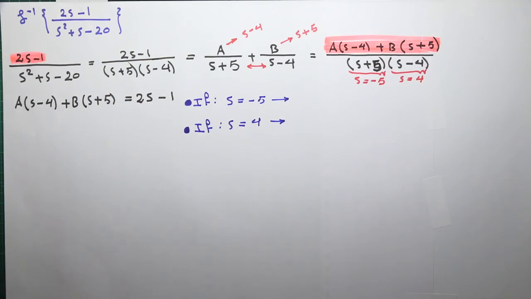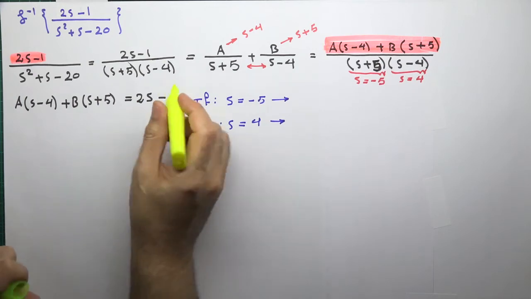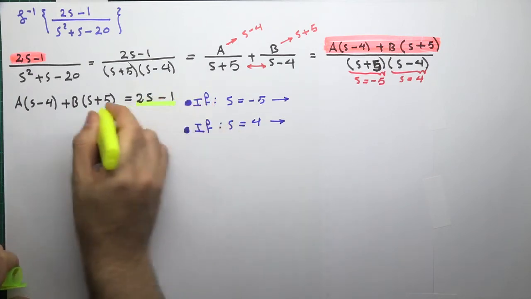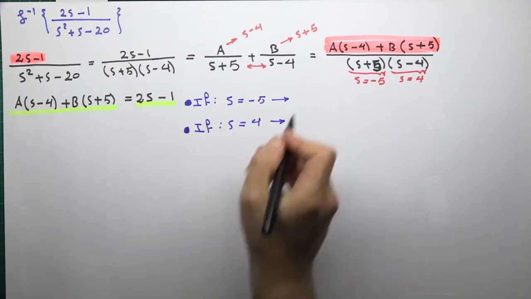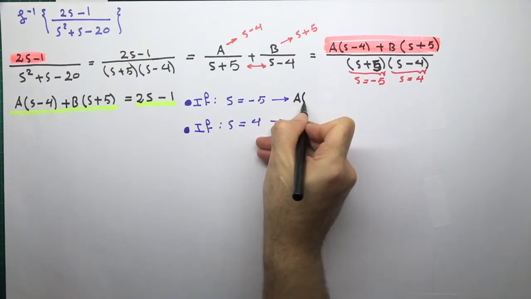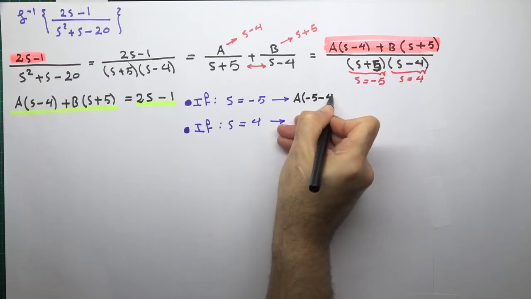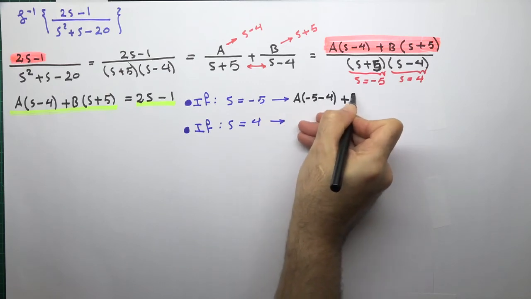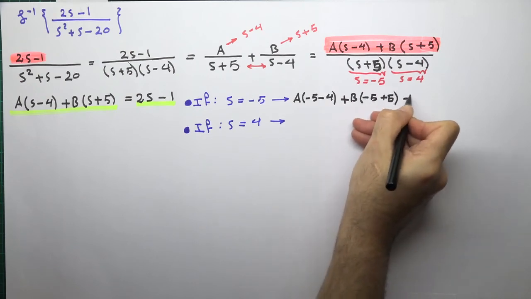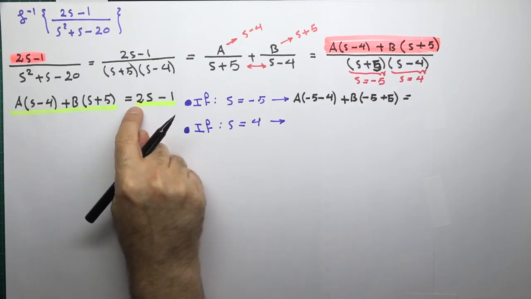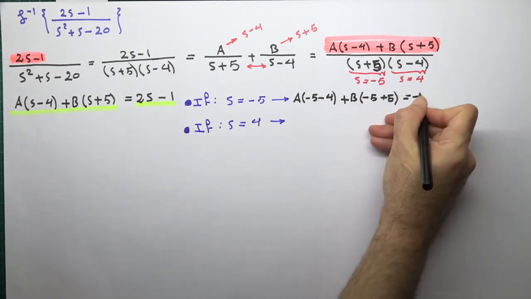If s equals minus 5, I will plug in minus 5 in both sides. I mean here and here as well, the same number. We will replace every single s by minus 5. If you plug in, it will be A, here minus 5 minus 4, plus B, minus 5 plus 5, and we will plug in here minus 5, so minus 5 times 2, it will be minus 10, minus 1, minus 11.